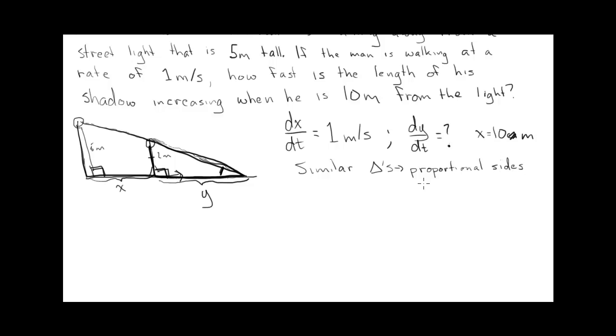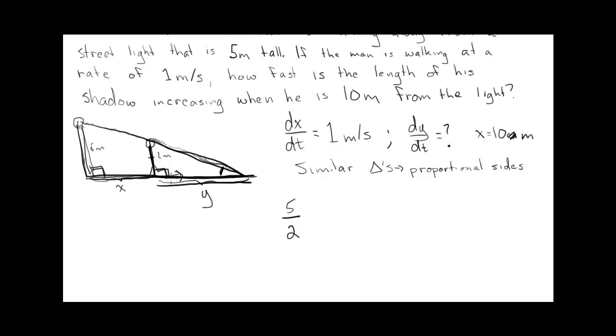So now let's set up our proportions. This side corresponds with this side, so 5 over 2 should be proportional with, let's say, this side corresponds with this side.